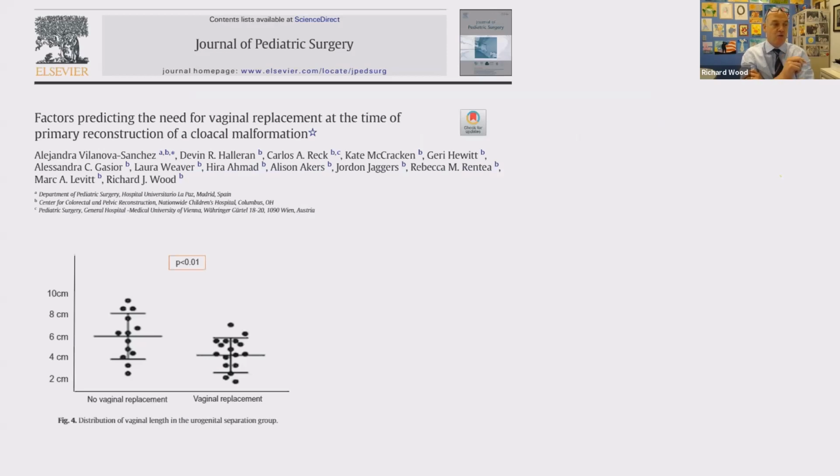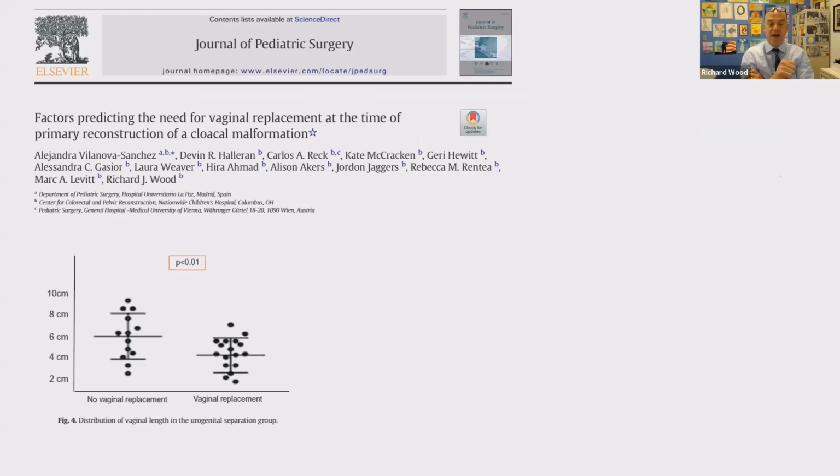However, if you're doing a urogenital separation, the vagina will not always reach. And so we did a study here trying to work out what would be the risk factors for the vagina not reaching the perineum, i.e., which patients would be likely to require a vaginal replacement as part of their reconstruction.